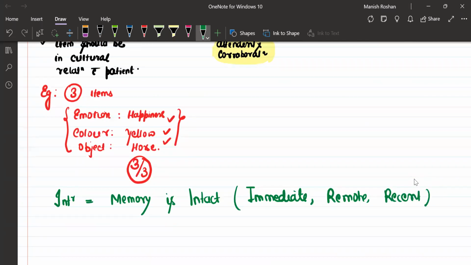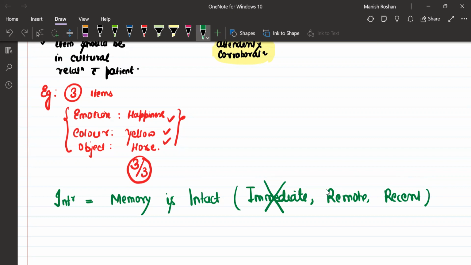So if all are intact, definitely say it, that immediate, recent, and remote memory are intact. If, for example, immediate memory is not intact, then you say that remote and the recent memories are intact, but immediate memory is not intact. Similarly, it goes for the remote and the recent. If they are not intact, you can accordingly say that.